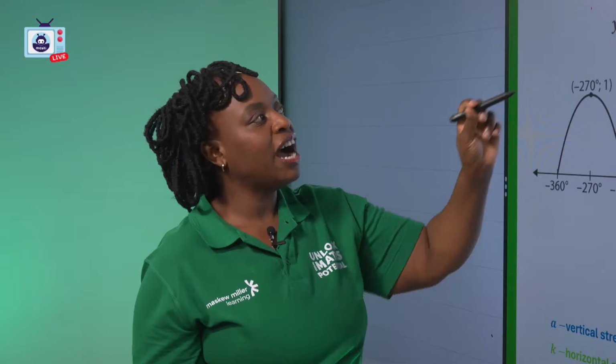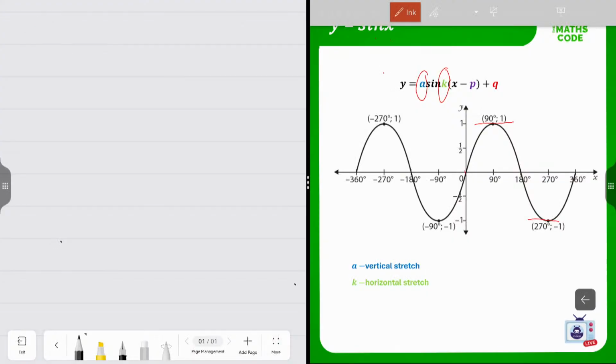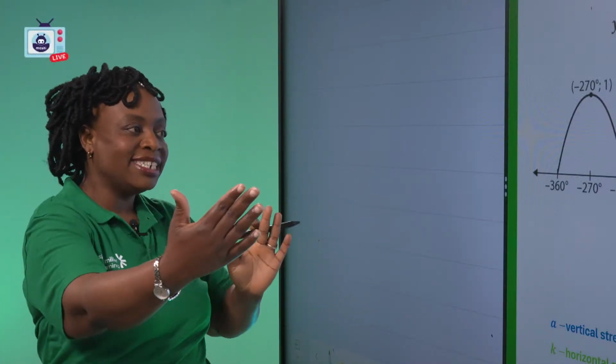So instead of the graph starting from 0, turning at 90 and going to 180, if K was 2, then everything will be divided by 2 to ensure that K is accommodated. So it affects the period of the graph, which is the horizontal stretch.